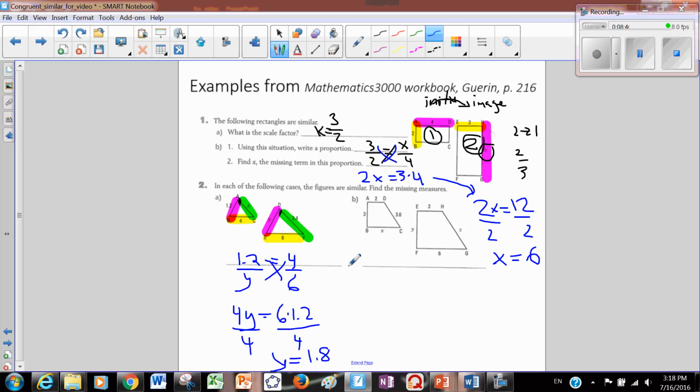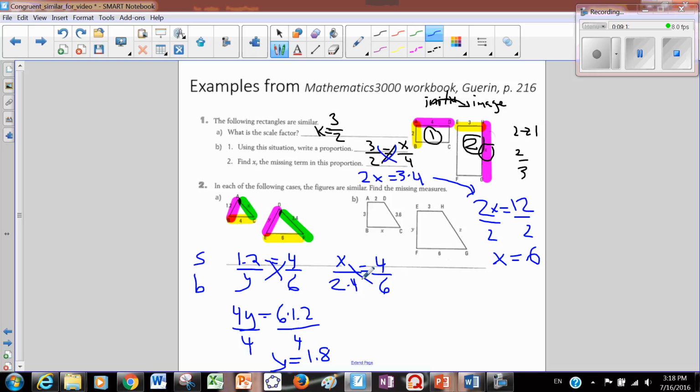To do x, you would do the same. You would do a proportion. Now make sure you're doing it in the same way. So if I'm doing here, I did small triangle over big triangle. So I'm going to do the same. Small triangle, I have x. Corresponding side is 2.4. And I'm doing it with the numbers I know. I know 4 over 6.